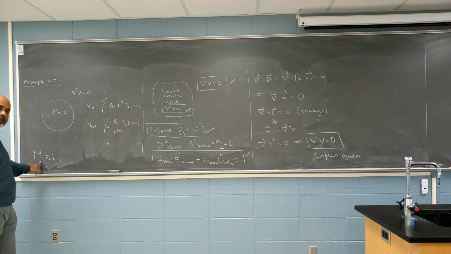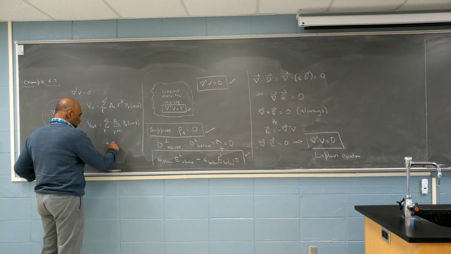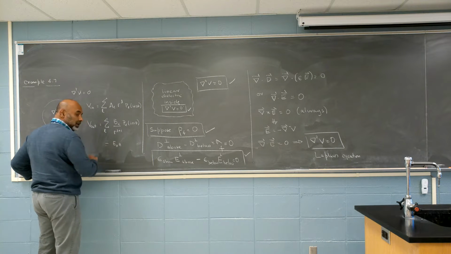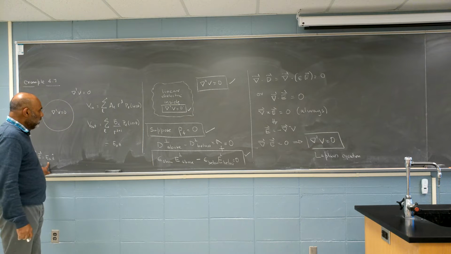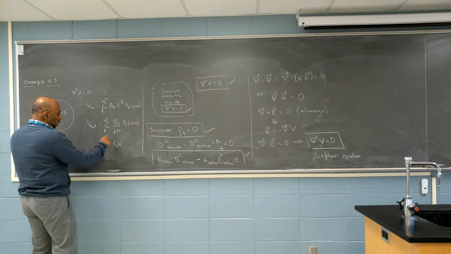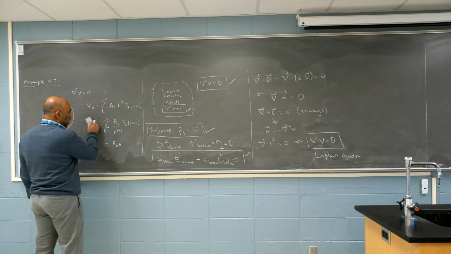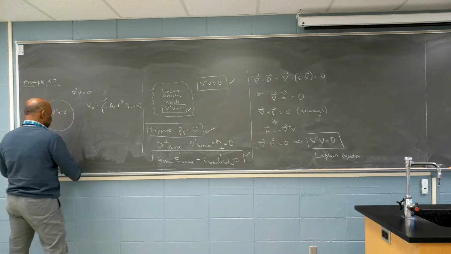Can you tell me a potential whose negative gradient would give me E0? It is negative E naught z, good. Let me write that a little more clearly.